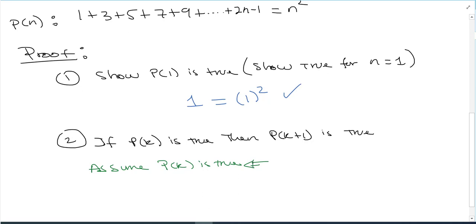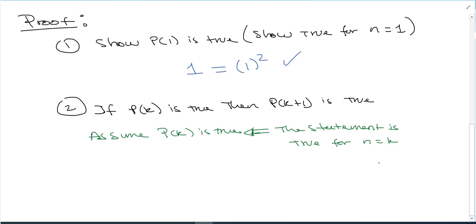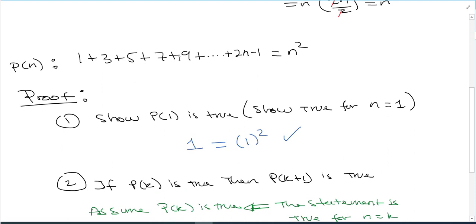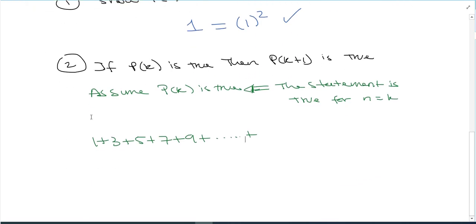So the statement is true for n equals k. More specifically, 1 plus 3 plus 5 plus 7 plus 9 plus and so on up to 2k minus 1 equals k squared. In my P of n statement, I'm replacing the n with k.